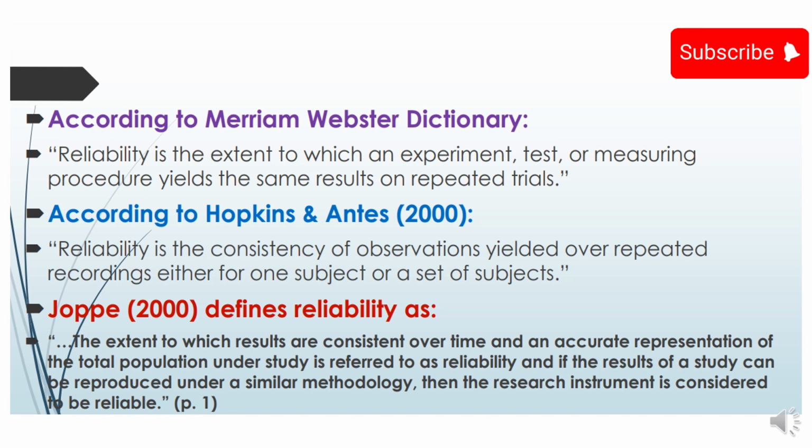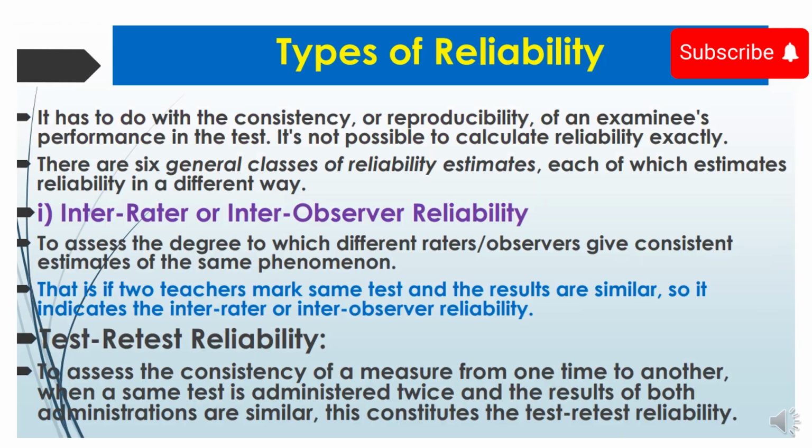The next definition is that the extent to which results are consistent over time and an accurate representation of the total population under study is referred to as reliability. And if the results of a study can be reproduced under a similar methodology, then the research instrument is considered to be reliable.